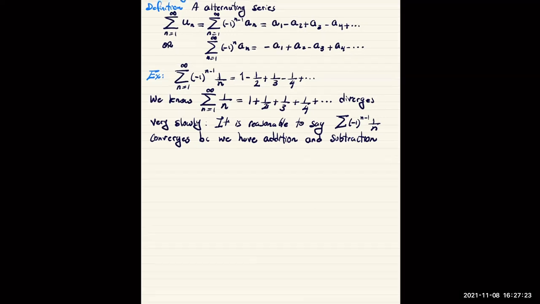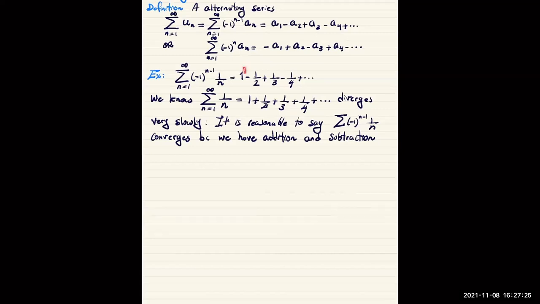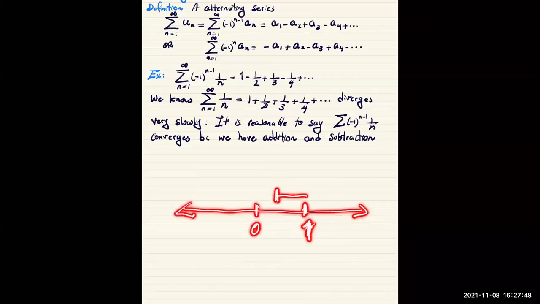What happens is that, well, we start with 1. Imagine this line is the number line, and you're plotting the partial sums here. You are initially at 1, and then you take half of a step backwards. 1 minus 1/2. Say this is 0, you go backwards by half. And then you go forward by 1/3.